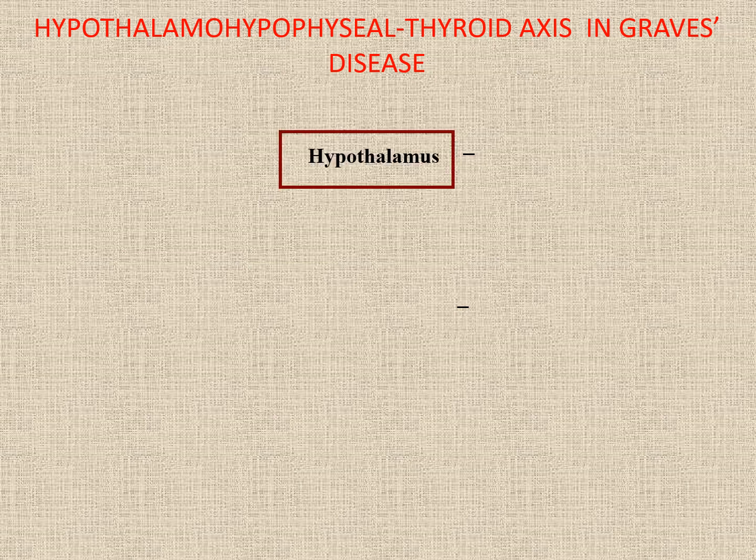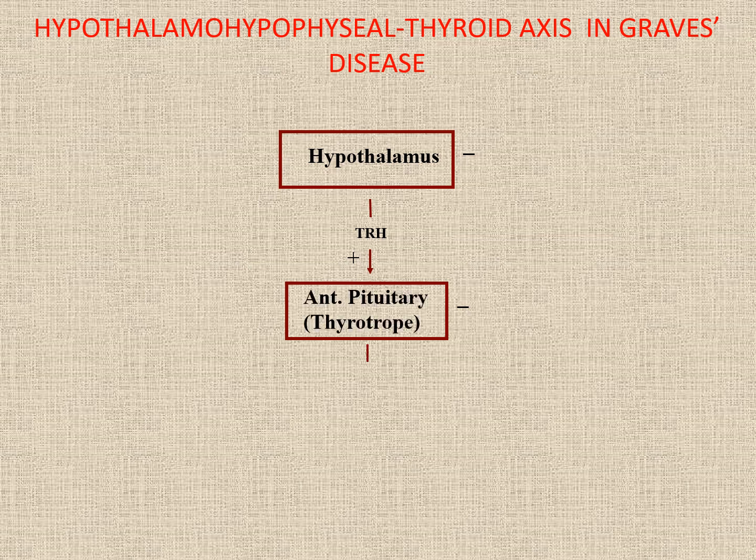So the hypothalamo-hypophyseal thyroid axis in Graves disease. The hypothalamus releases the TRH, thyrotropin releasing hormone, which stimulates the adenohypophysis or anterior pituitary, acting on the thyrotrope to release the thyroid stimulating hormone, TSH. Half life only 1 hour.